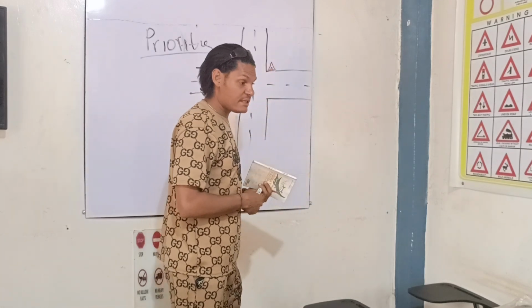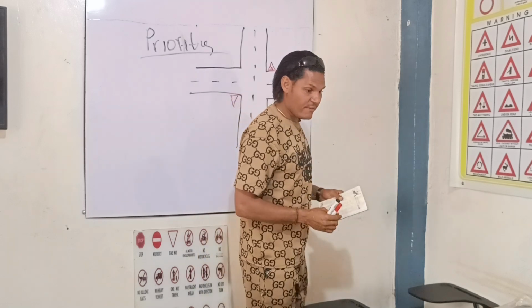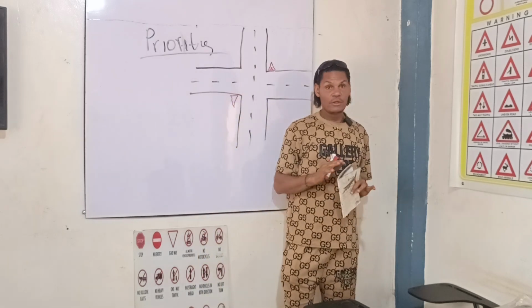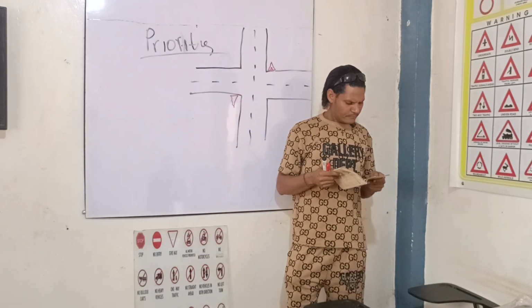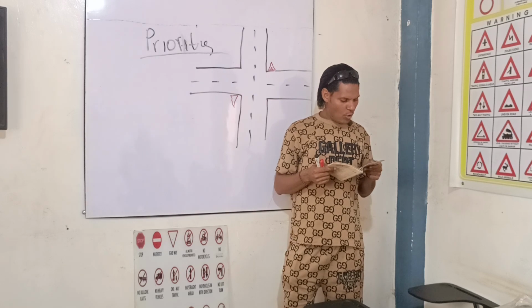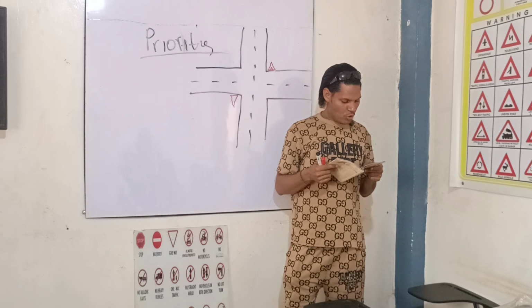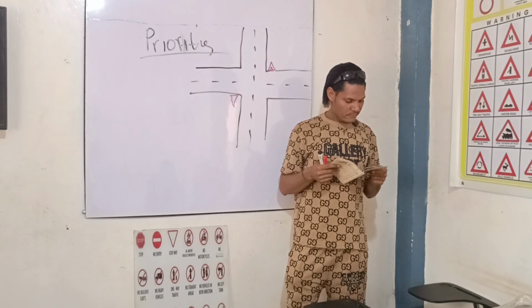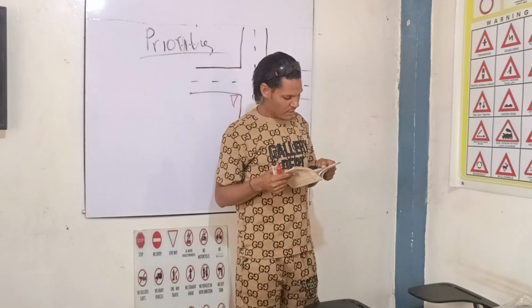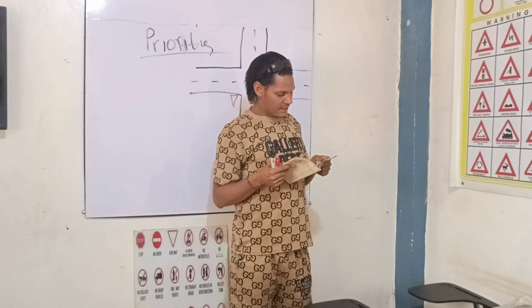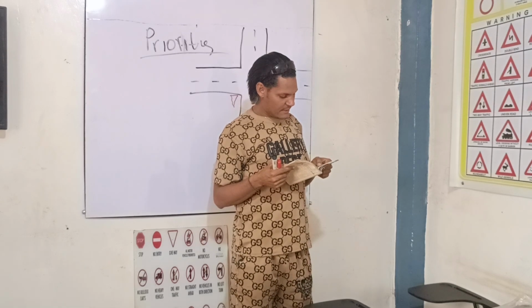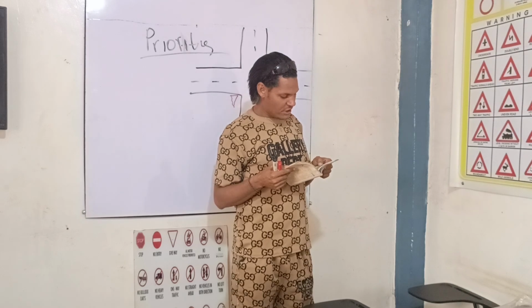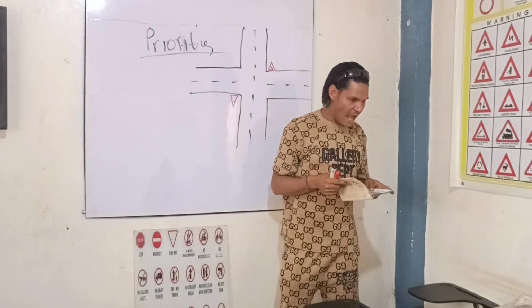Stop signs go hand in hand with a solid line across your lane. On a one-way road, the white line will be across the whole width of the road. Advanced signals may warn drivers of the stop sign ahead.